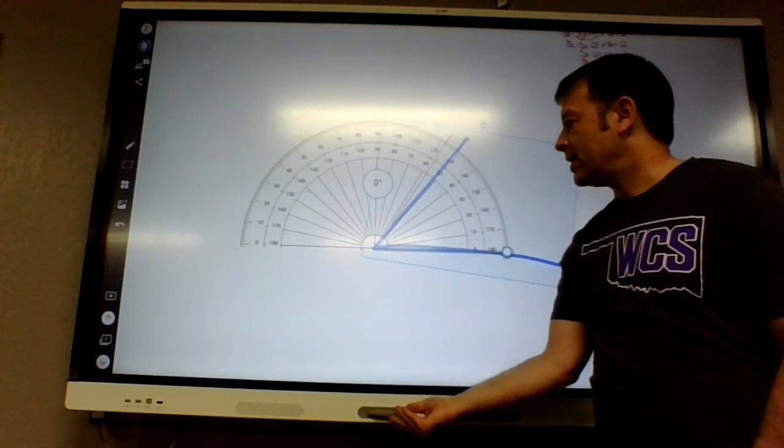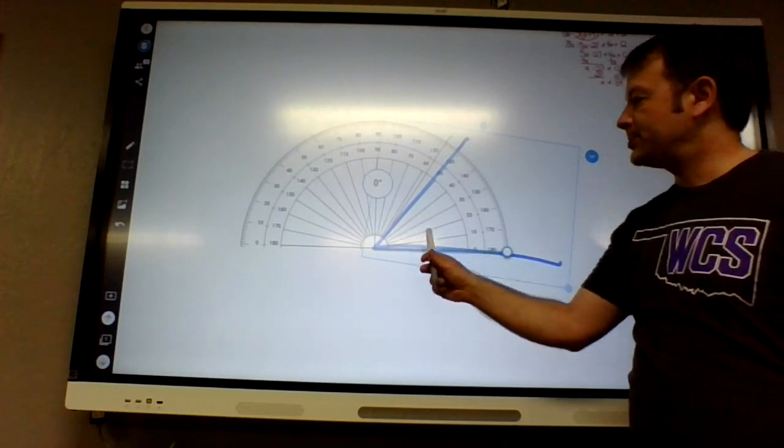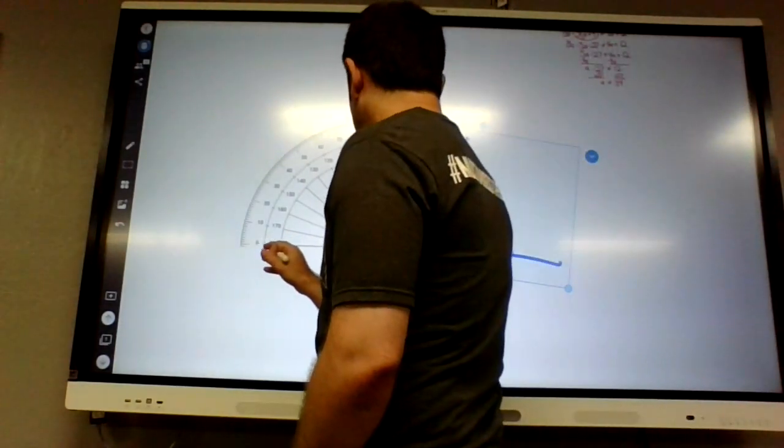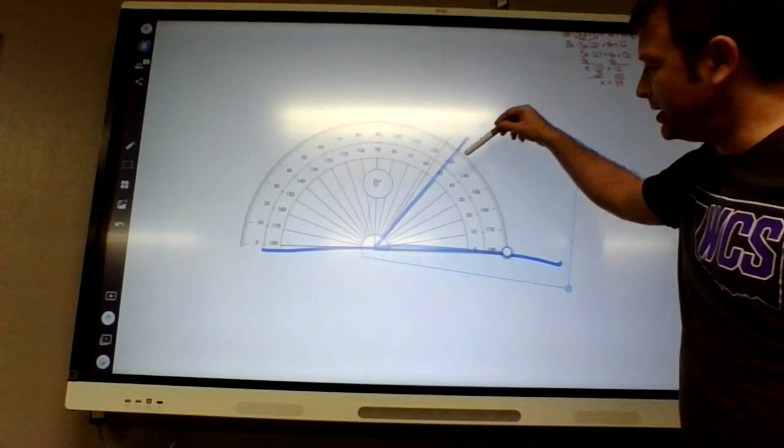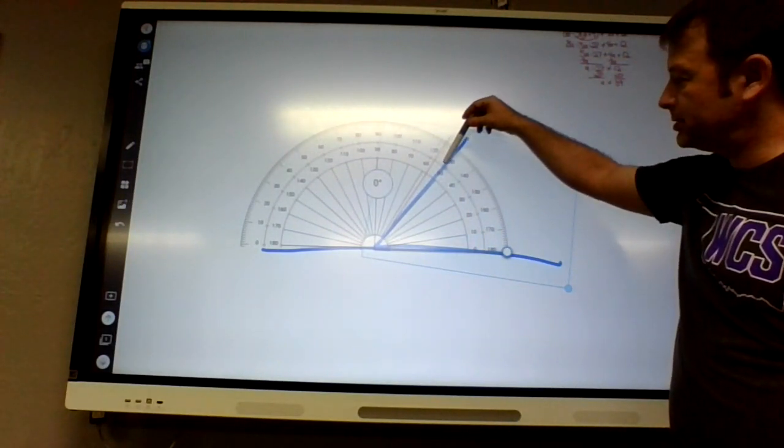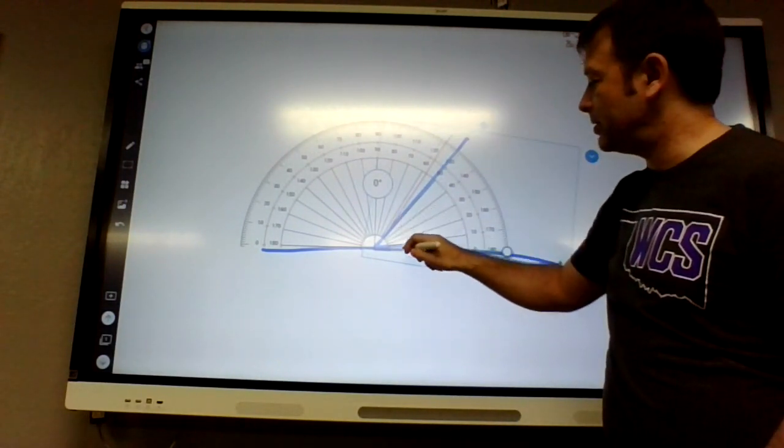Okay, the other line points up to how many degrees the angle is. I'm trying to measure this angle right here.